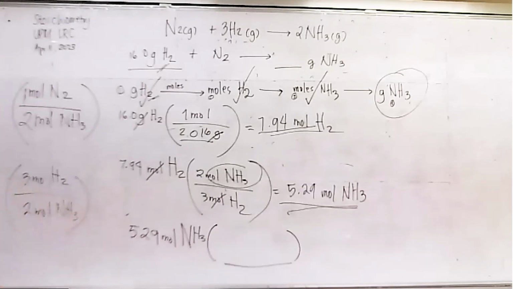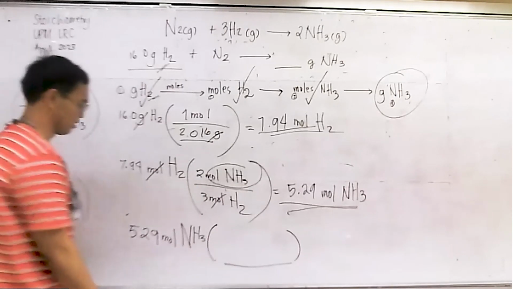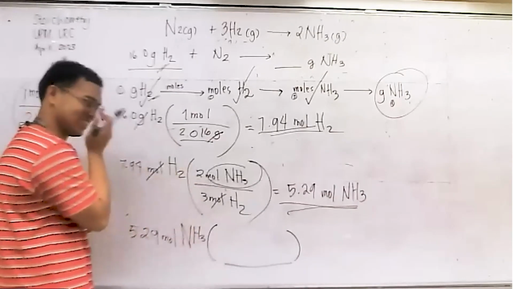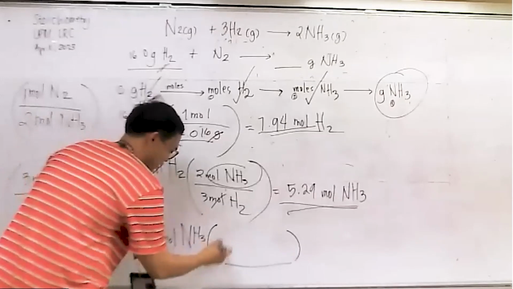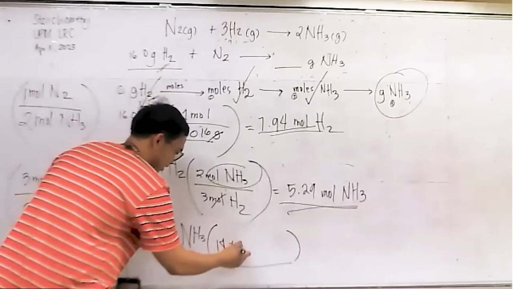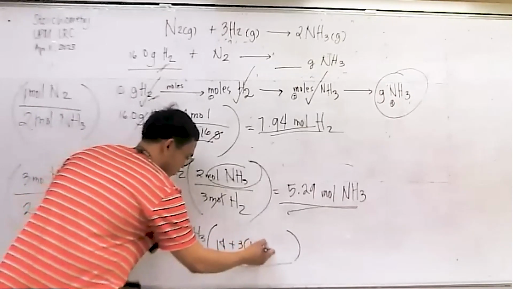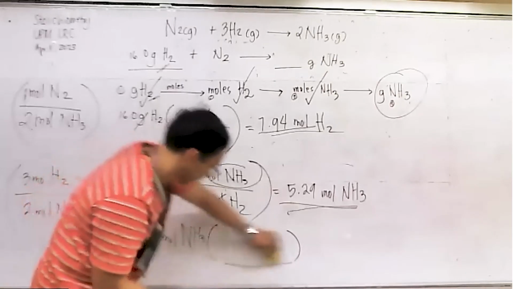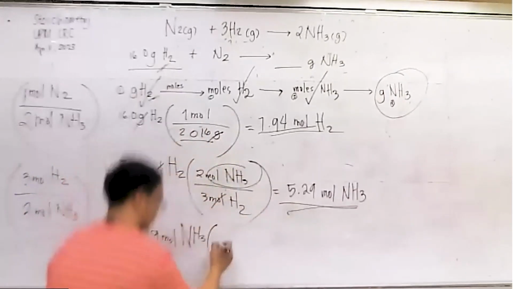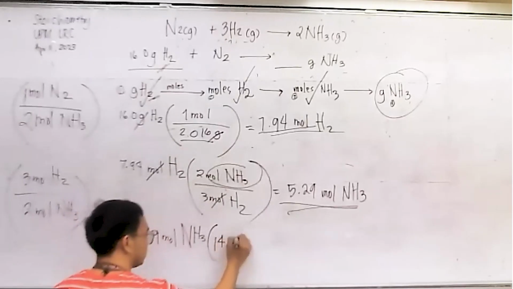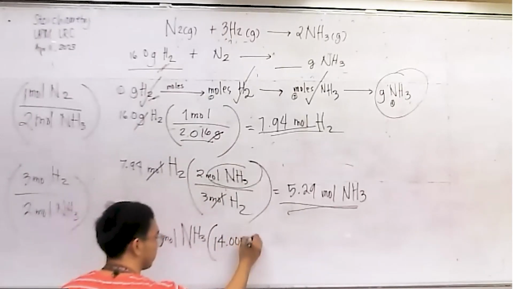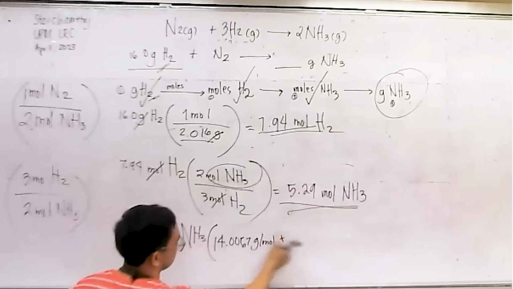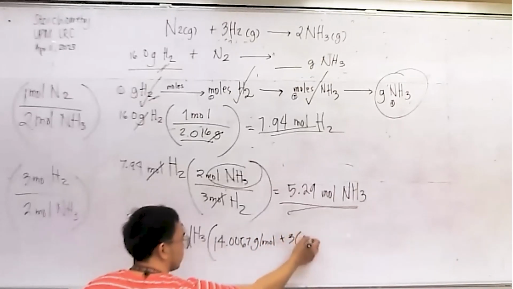We multiply by its molecular weight. So what's the molecular weight of ammonia? Okay, 14 plus 3 times 1.008. To be exact, let's make it exact: 14.007 grams per mole plus 3 times 1.008.